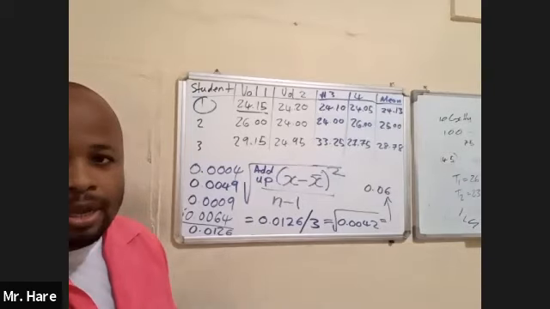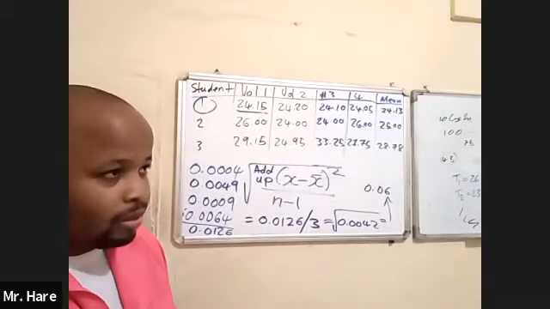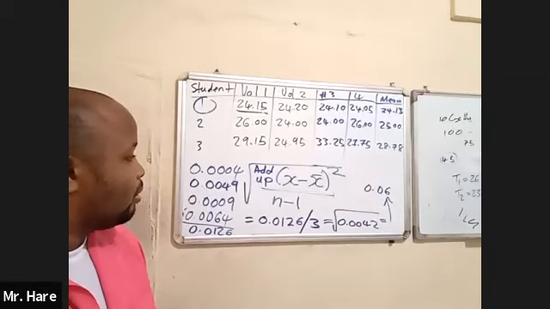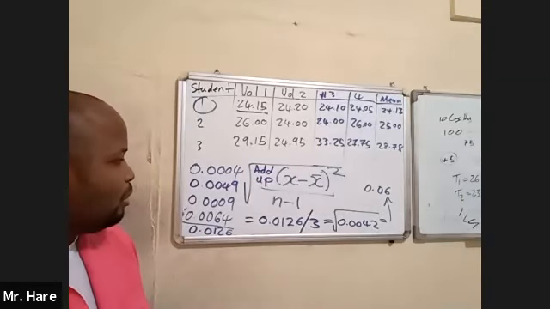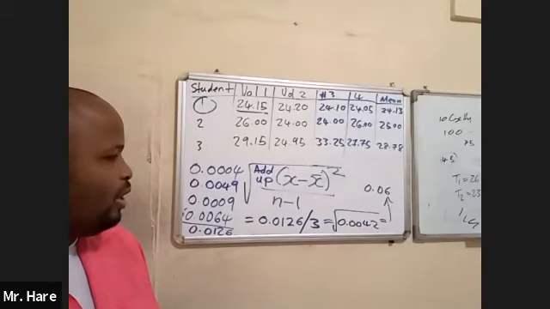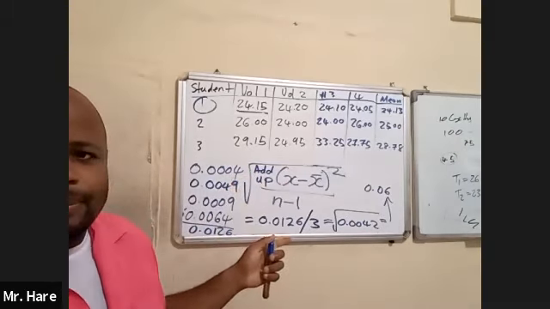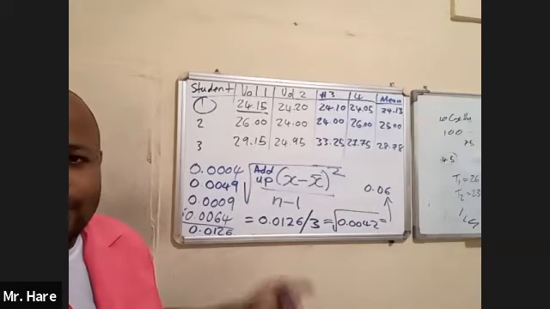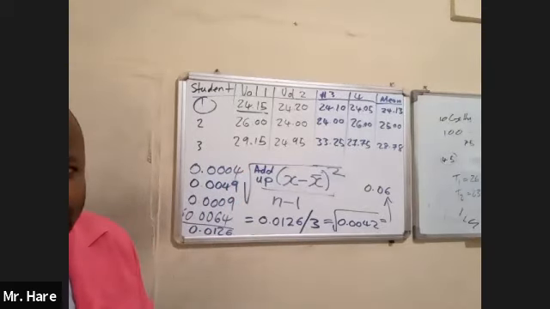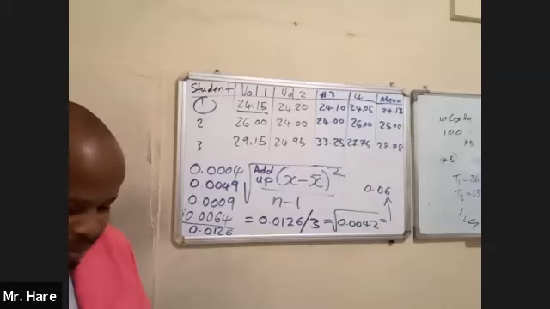When I press SD, it's not working. But when I don't square it and I press SD, it's working. Hold on, you mean when I don't put it in the bracket? Yes, sir. All right, so do it that way then.